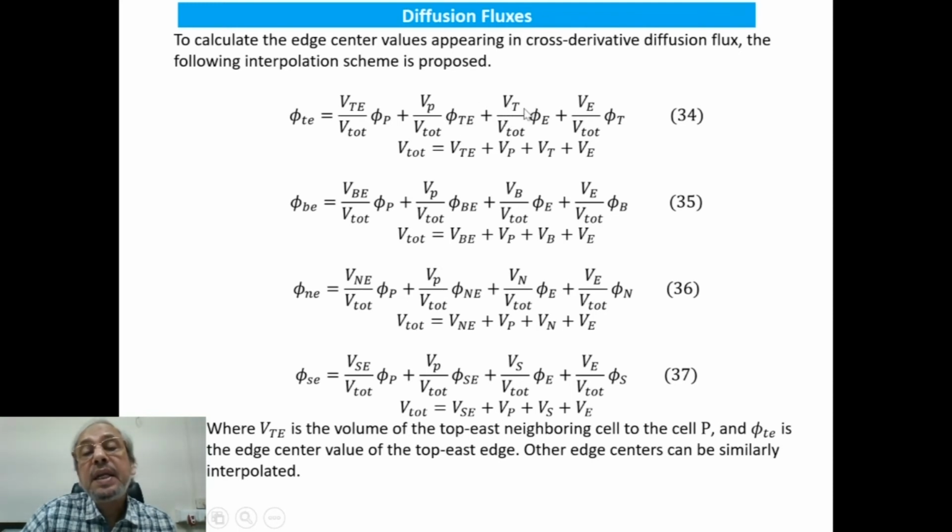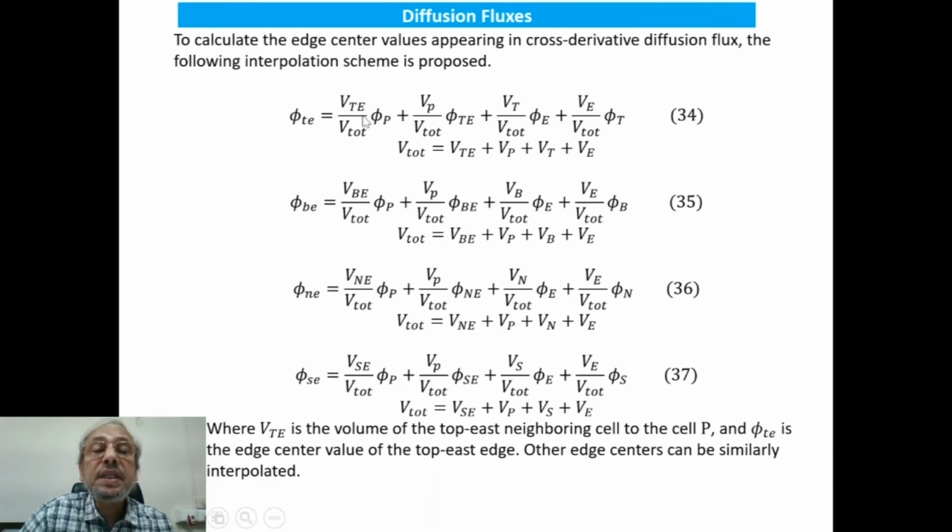Vt, again volume of the top cell divided by V total into phi at the center of the eastern cell. Again Ve, volume of the eastern cell divided by V total into phi t, that means phi at the top cell above P cell.